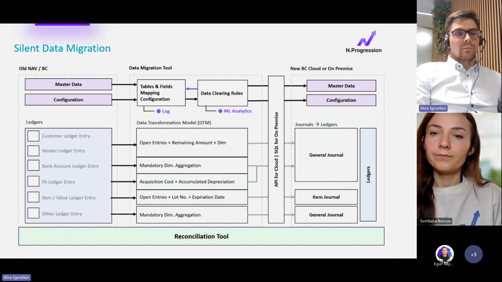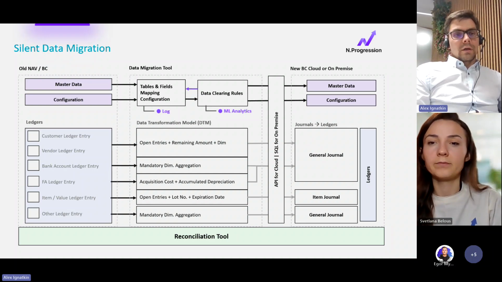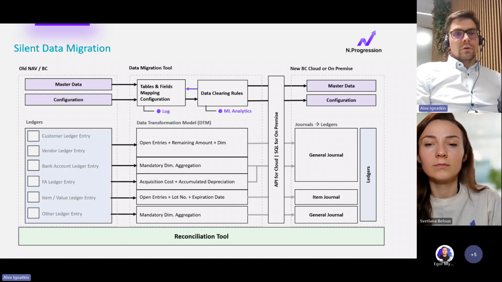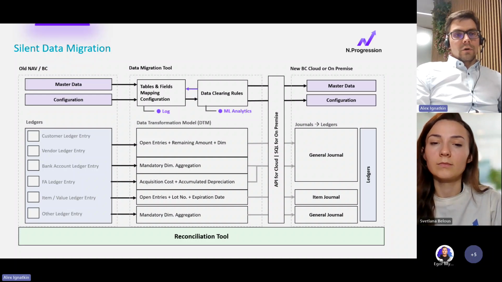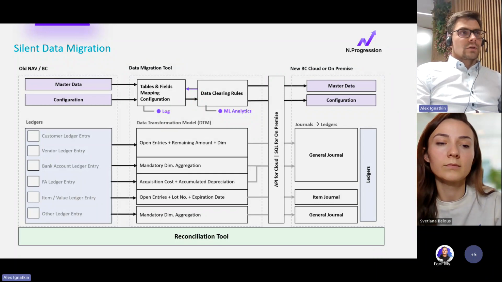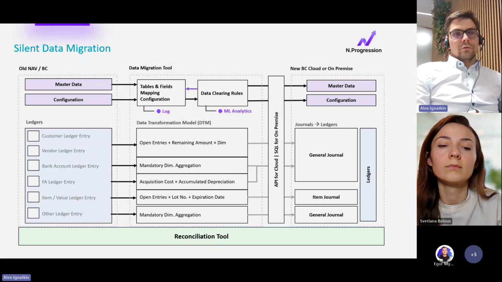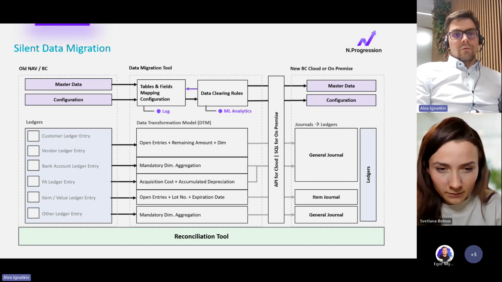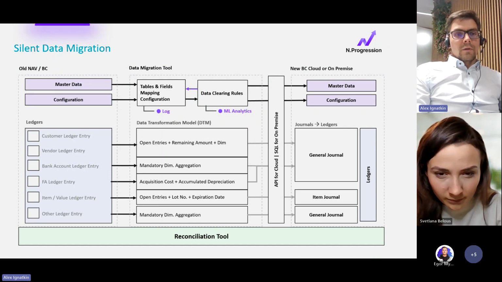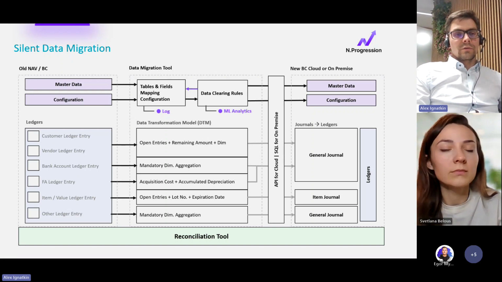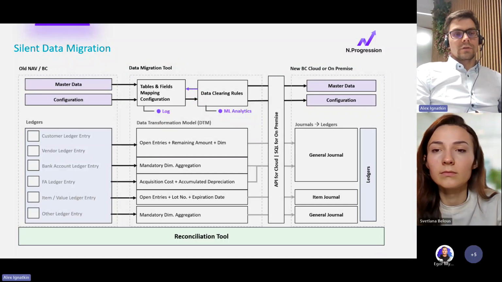For example, if you're talking about accounts payable and accounts receivable, you need to upload to the new system only open transactions with remaining amount and original dimensions. If we are talking about bank accounts, for example, you can aggregate all your transactions by mandatory dimensions with original amounts and so forth.